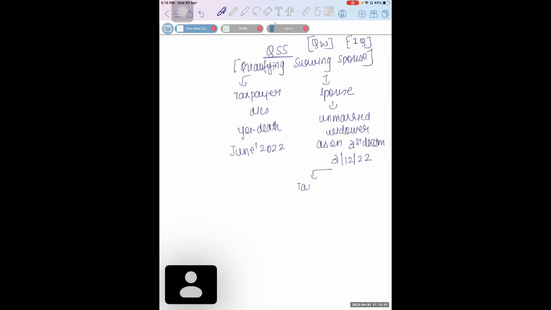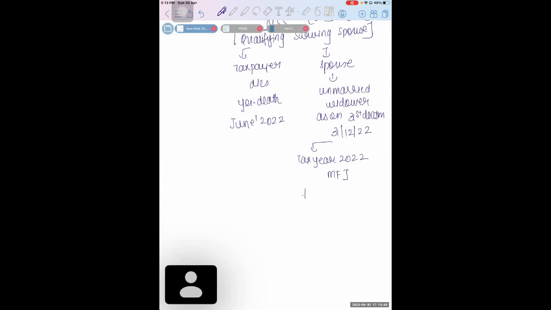So for tax year 2022, the spouse will have to file an MFJ return. Now the spouse has 2 more years, meaning 2023 and 2024. If the spouse is still unmarried, not marrying some other person, then for these 2 years the spouse can file with the status of qualifying surviving spouse.